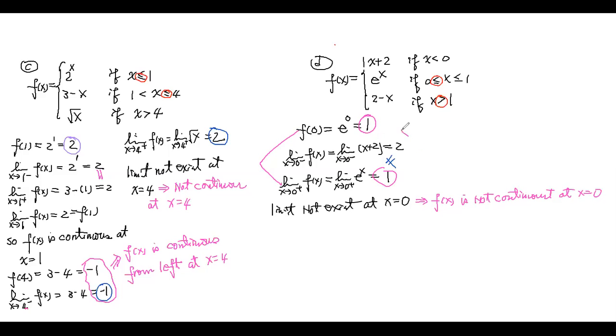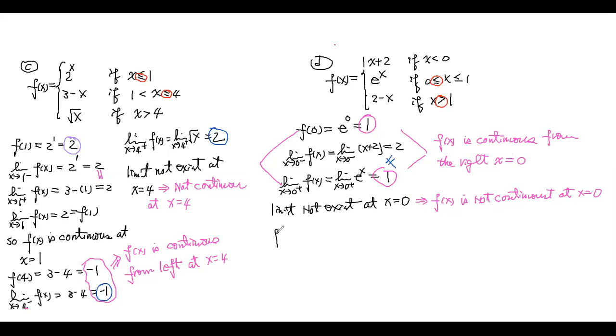But because these two are equal, we'll say that f of x is continuous from the right at x equal to 0, right? Cool.